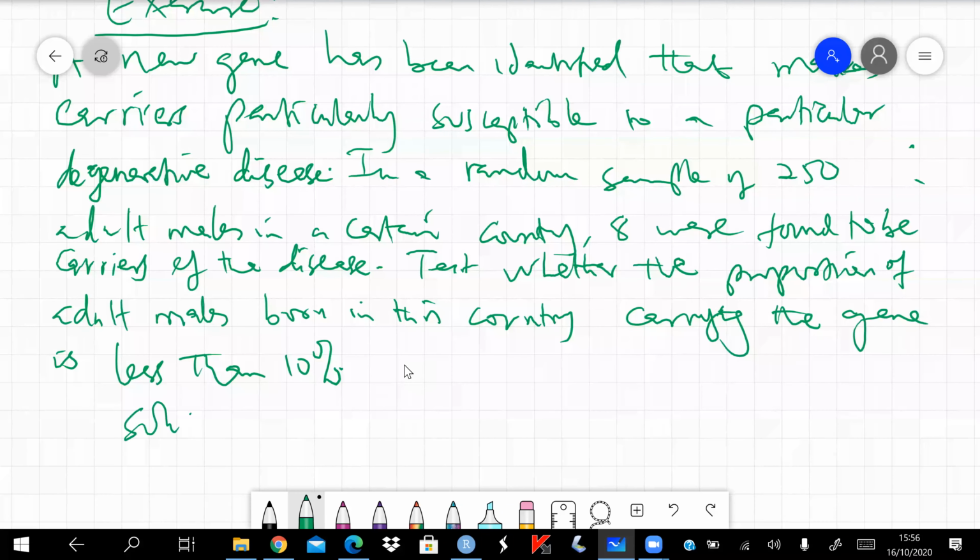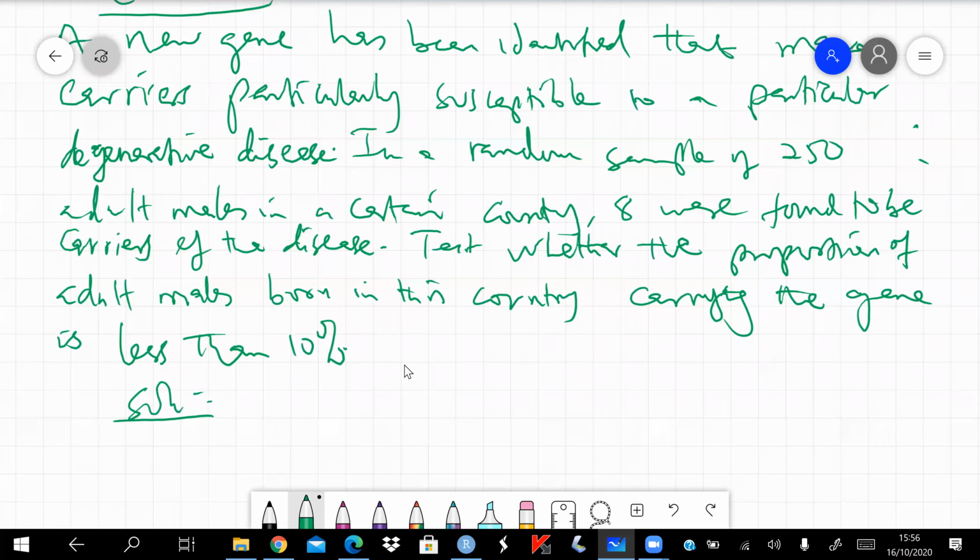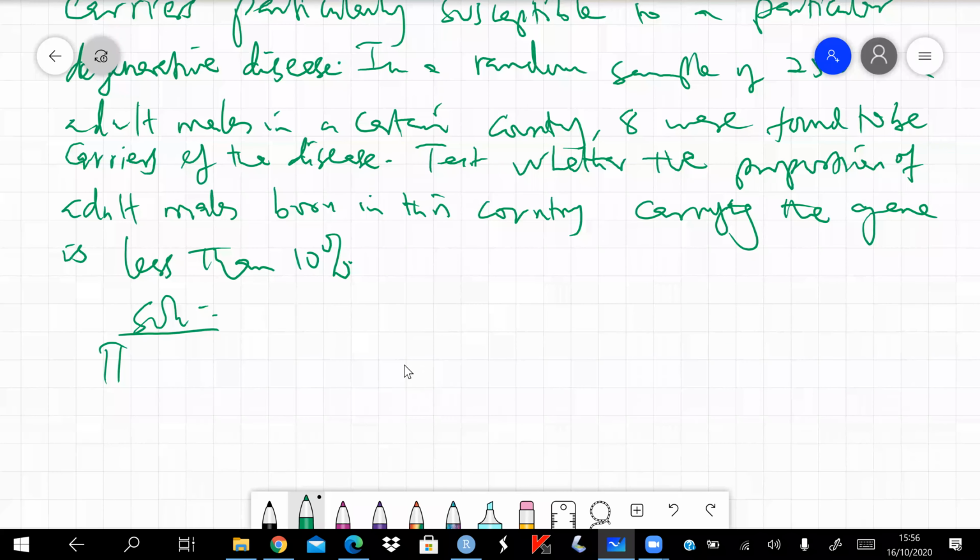So solution, let me tell you what is given there. You are given pi naught, the hypothetical population proportion, which is 0.1, 10%. Then you can always obtain p. The number of successes, the summation of X, is 8.